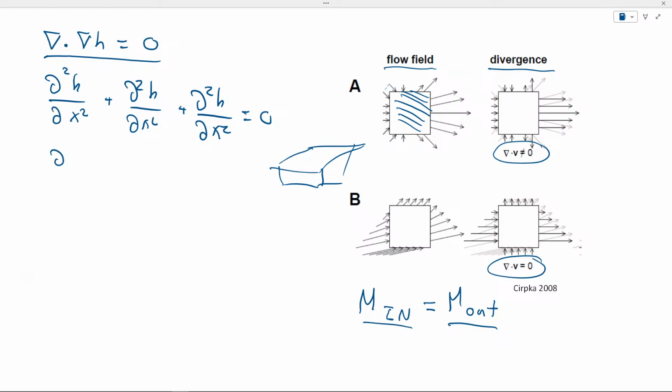I can write it differently: ∂/∂x of ∂h/∂x. This is just another way of writing it. That's a gradient, and that's a gradient of the gradient. You don't really need to know all these details.